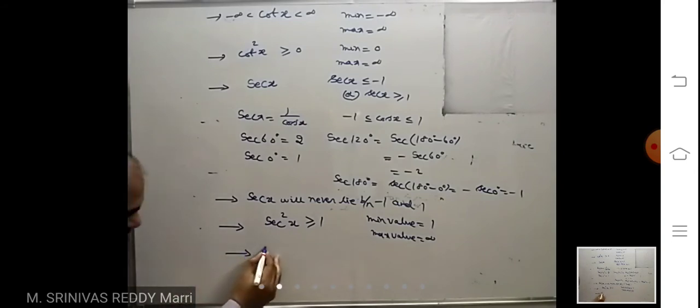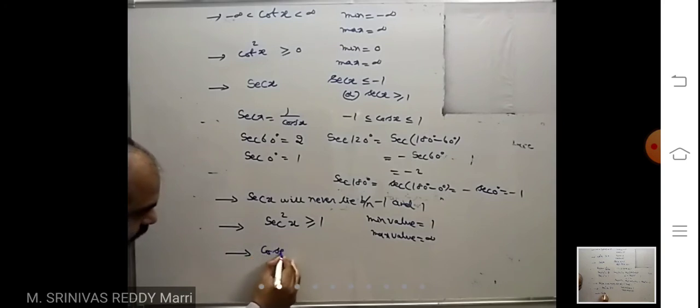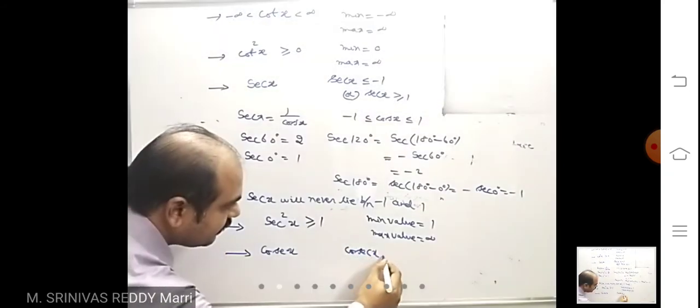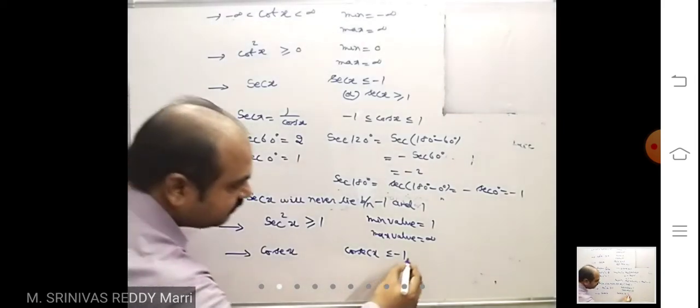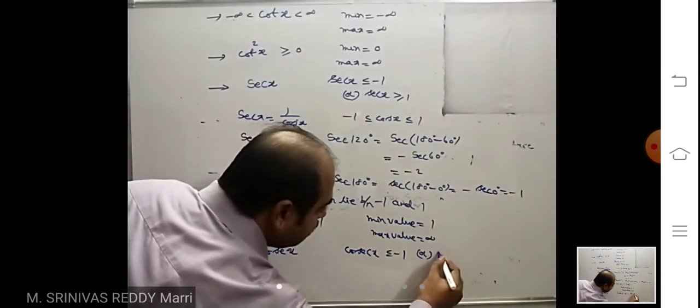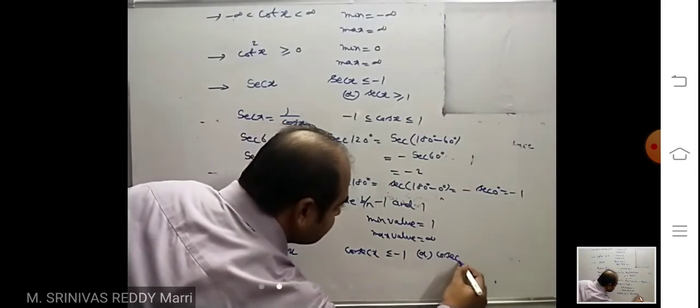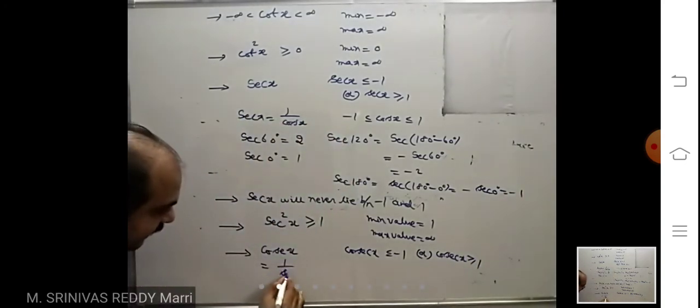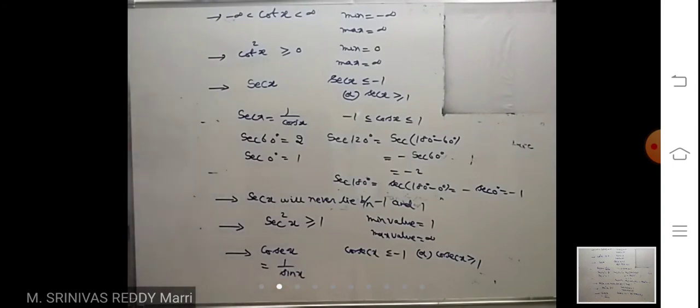Next, cosecant x. Just like secant x, cosecant x is less than or equal to -1 or greater than or equal to 1. In the same fashion, this is also the reciprocal, 1 by sin x, and the denominator value lies between -1 and 1.